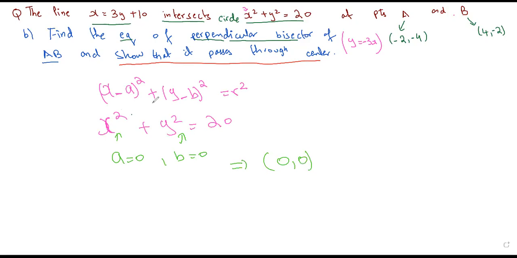So basically they want us to show that the perpendicular bisector passes through the center. This means if we use these points in the equation, it would be satisfied because this point lies on the line y equals minus 3x. So this would satisfy the equation of y equals minus 3x.